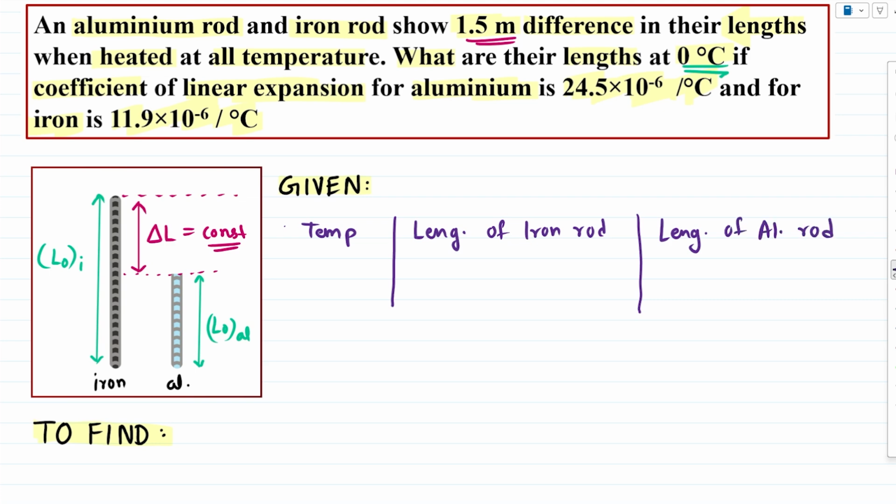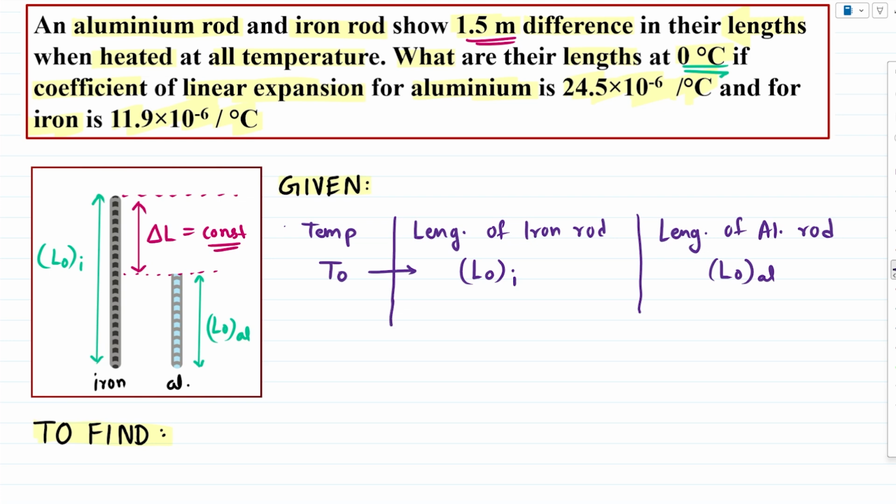So when the temperature is 0 degrees Celsius, when it is T0, we represent the length measured for iron as L0 of I and the length measured for the aluminium rod as L0 of AL. So this is the length of both the rods when the temperature is 0 degrees Celsius.